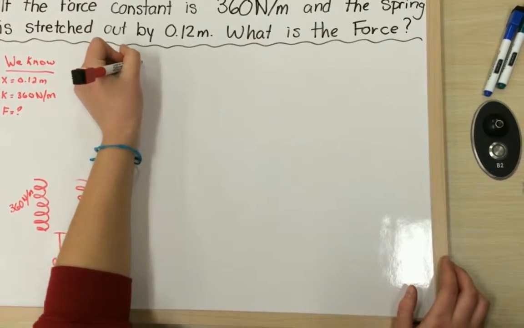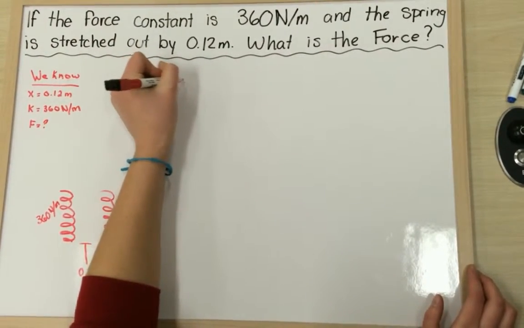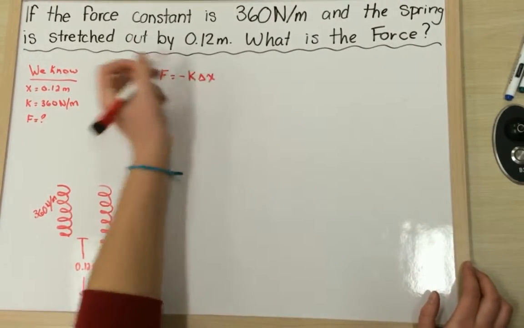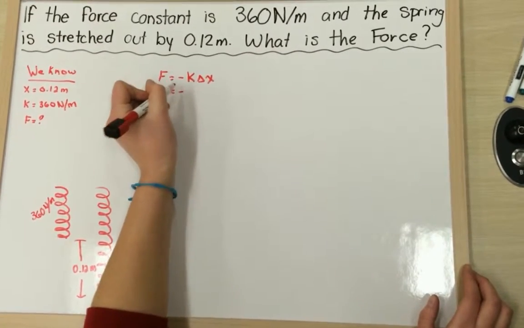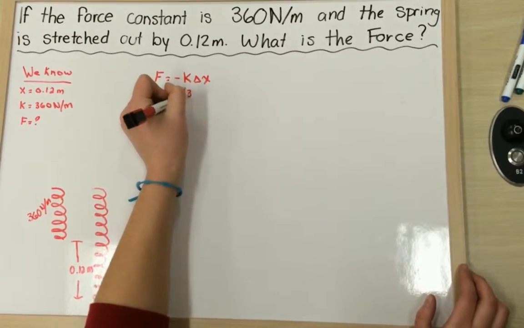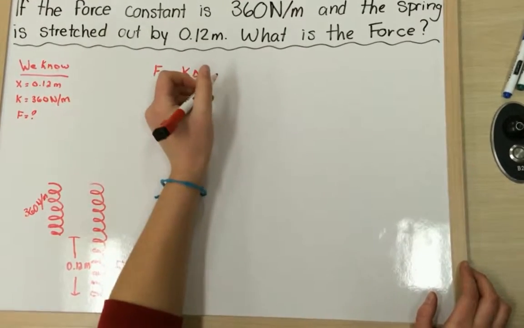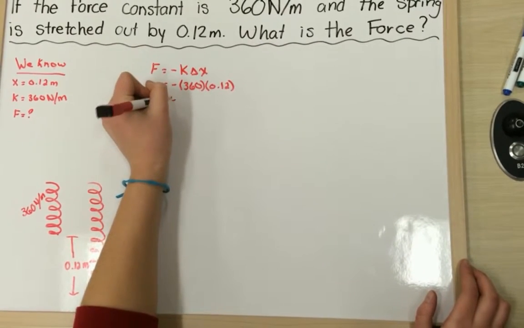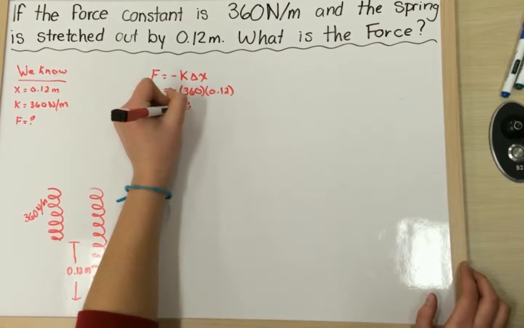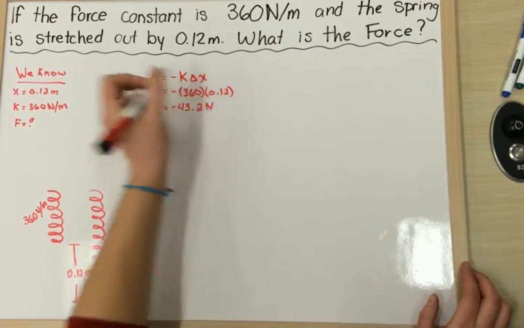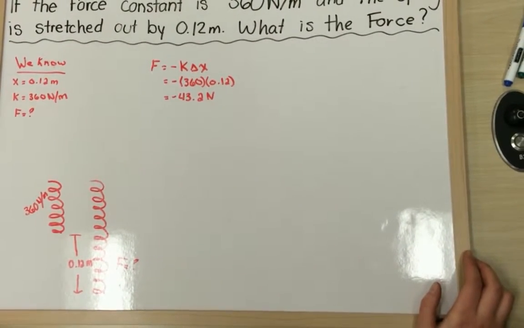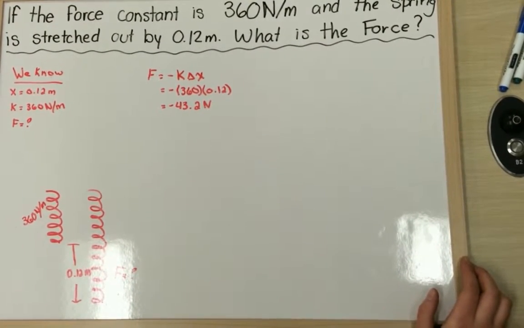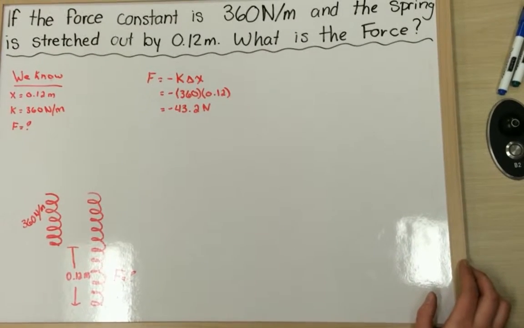So we will use the formula F equals minus k times x. So negative 360 times 0.12, which will give you negative 43.2 newtons. So a force of 43.2 newtons stretched the spring.